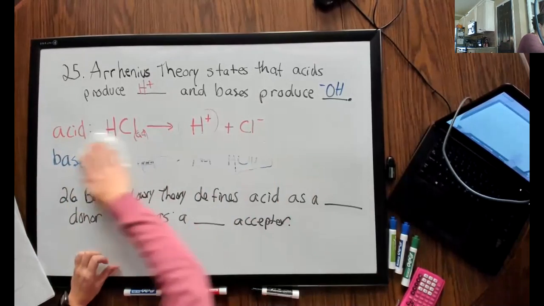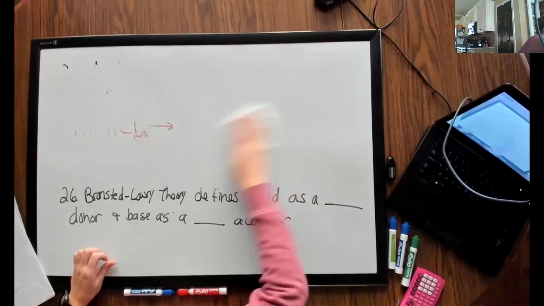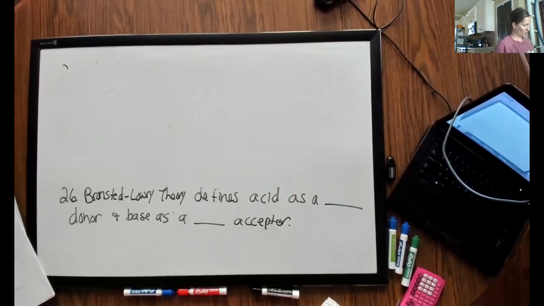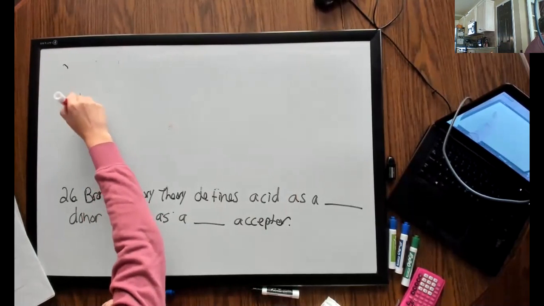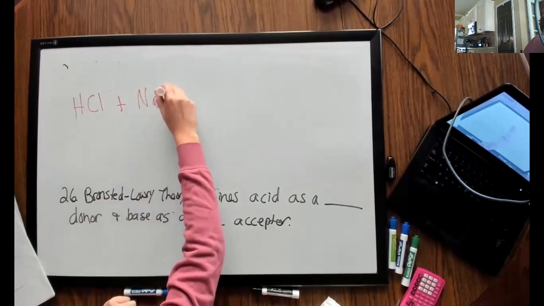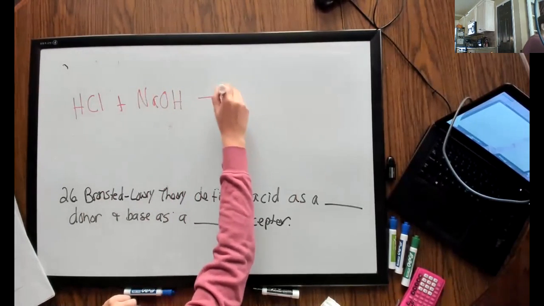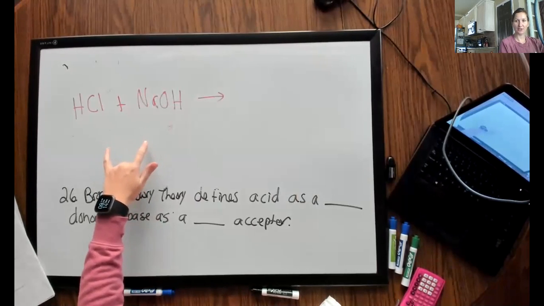So I'm going to erase this top portion, fancy paper towel eraser, and we're going to look at adding now HCl plus NaOH. So what would happen here? Well, we've actually done this reaction before, or we should be able to predict it, because this is a double replacement reaction.